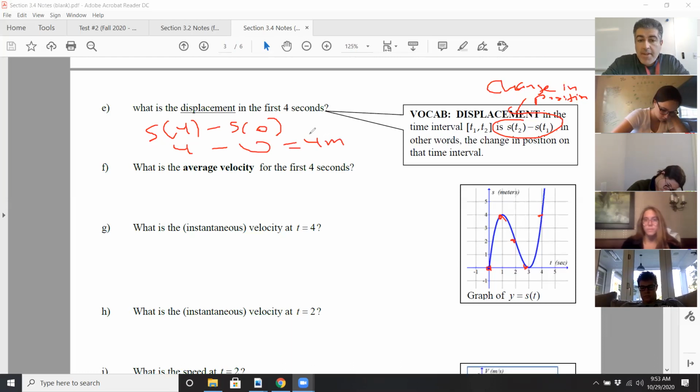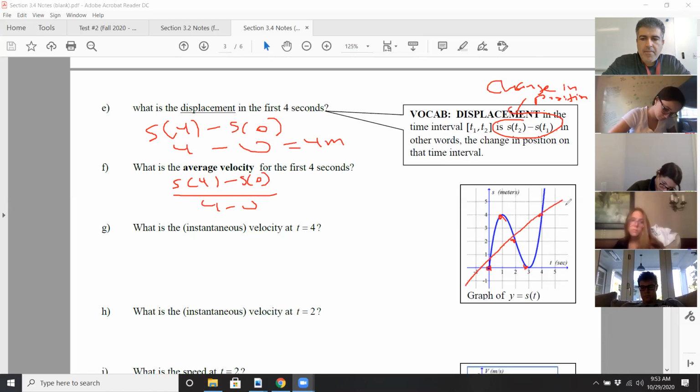Now, what's my average velocity? That's going to be the slope of that secant line, which is 1 meter per second.